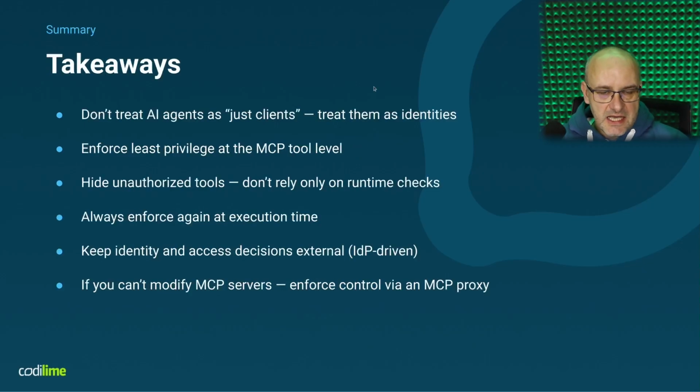And key takeaways for you. We should not treat an AI agent as just a client. We should treat it as a particular identity, to enforce privileges at the MCP tool level that we demonstrated. Whenever possible, we should hide unauthorized tools, and we should not rely on runtime checks alone, or expect that our agent will not use tools that are not authorized.